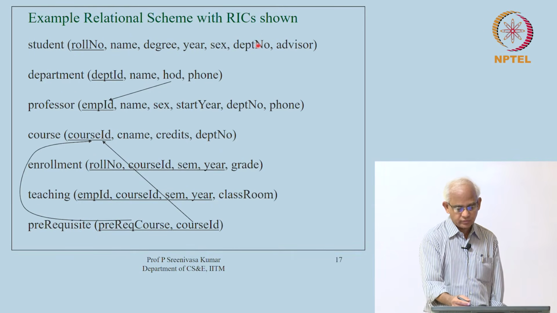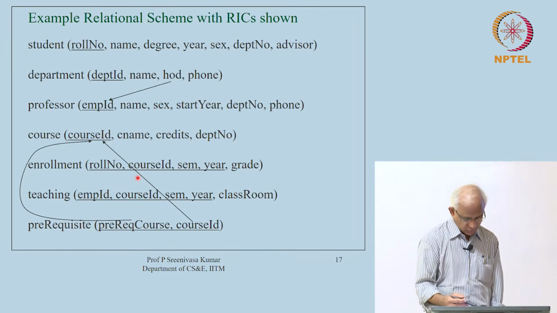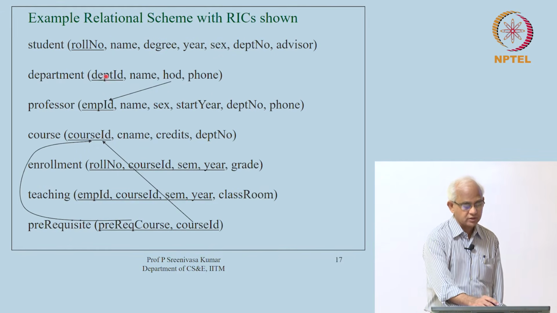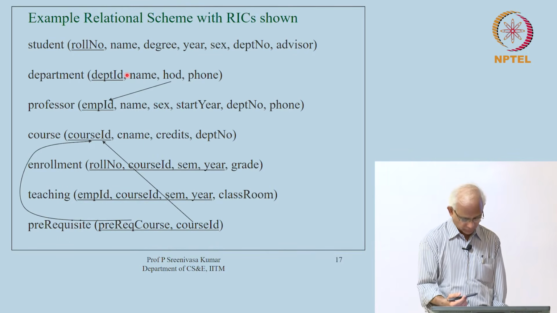But we give the freedom that you can use whatever name you want, but this is a foreign key that refers to the primary key of the other relation. Okay. So, even in such situations it is not compulsory that this particular attribute name should be the same as this particular attribute name, that is what I am trying to emphasize. Okay.